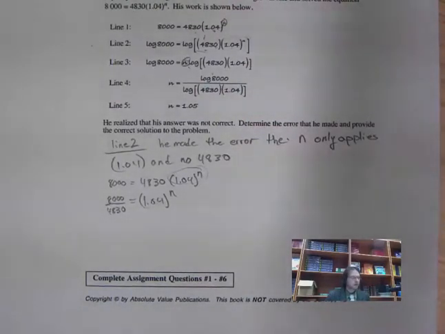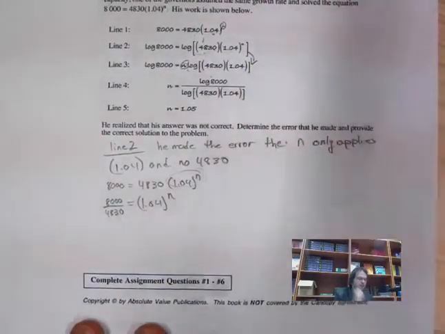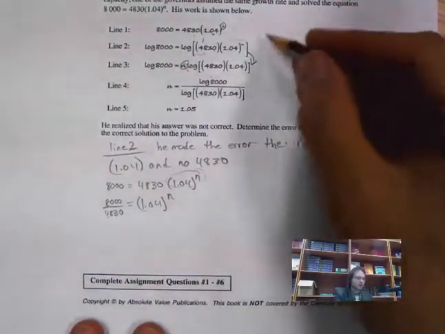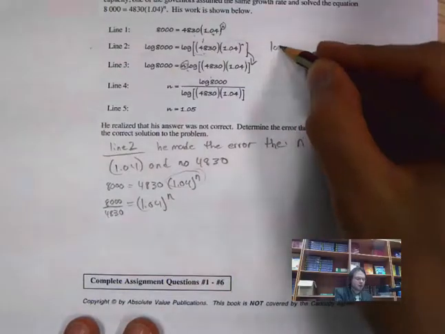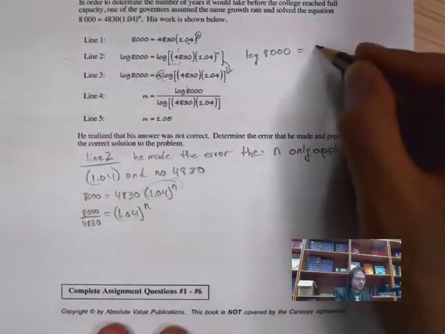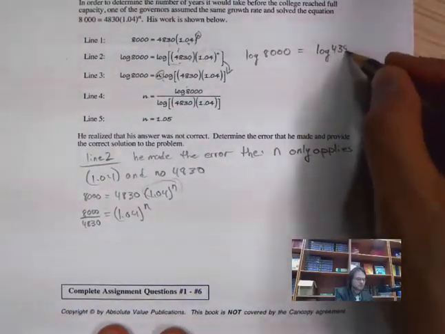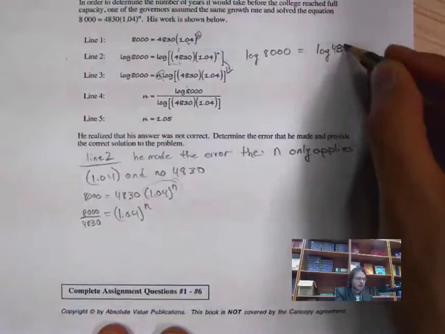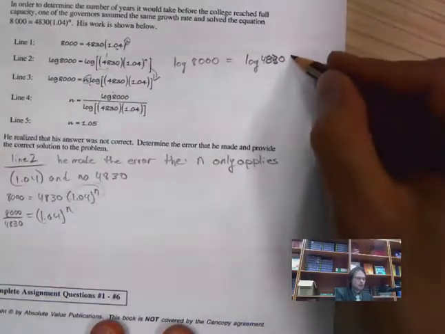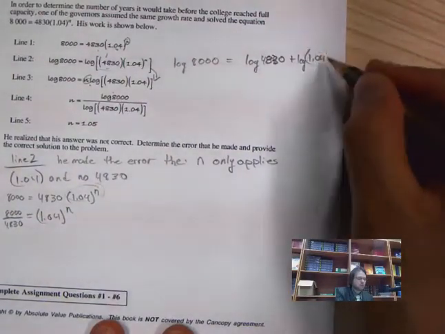Now that that's like that, I could log both sides. Okay? Another thing we could have done here before I go on is, from this step to this step, he could have done something else. He could have done this, log 4830, and then plus log 1.04.